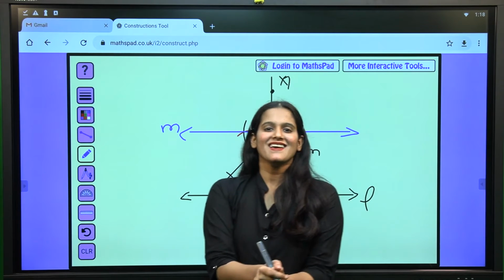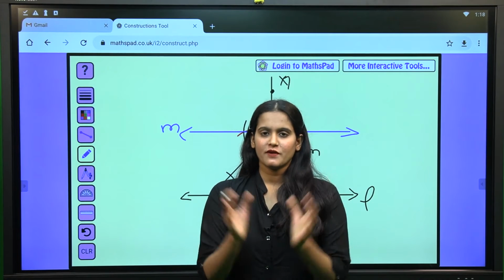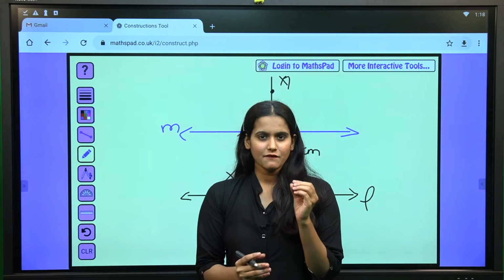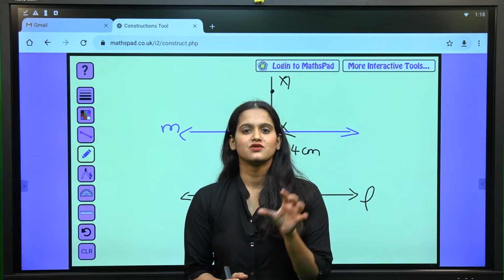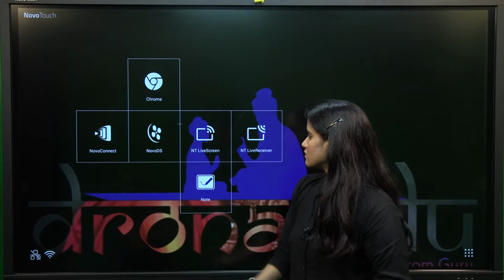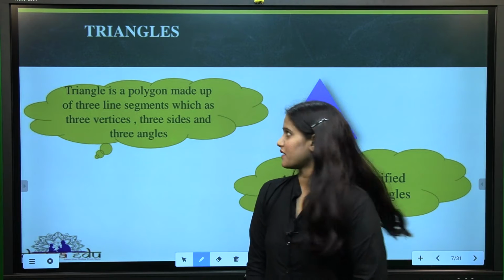Next our topic is, which one? Yes, it's triangles. So before moving on to the construction related to triangles, let's see a few basic information about triangles. Okay.